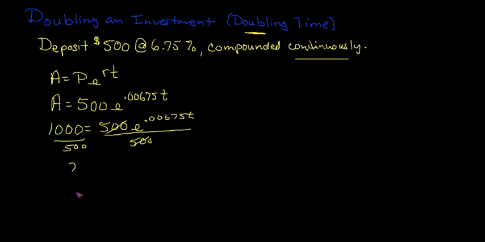Now it doesn't look nearly as intimidating as what it maybe started out to early on in the problem. So now we've got that. Now again, we've worked with some of these problems before. Since this is a base e, I want to do a natural log. So I'm going to do natural log of 2 and natural log of all of this on the right side.